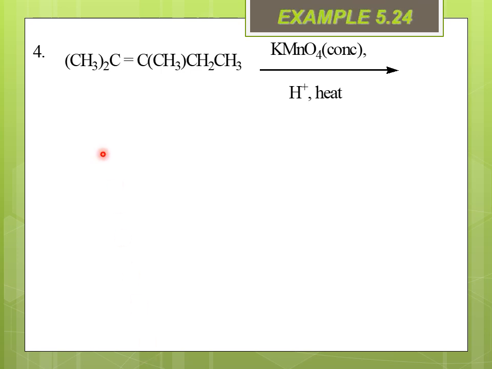Okay, let's look at question number 4. So the alkene here has a double bond between carbon number 2 and 3.